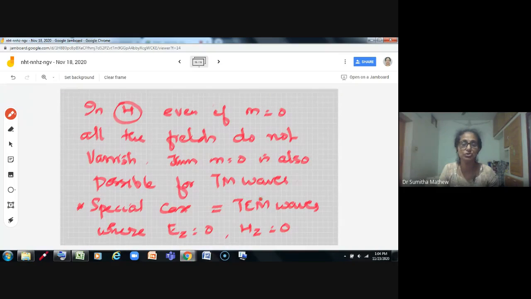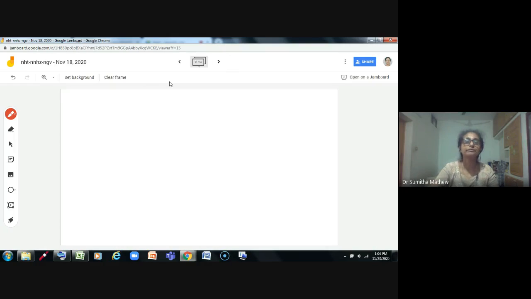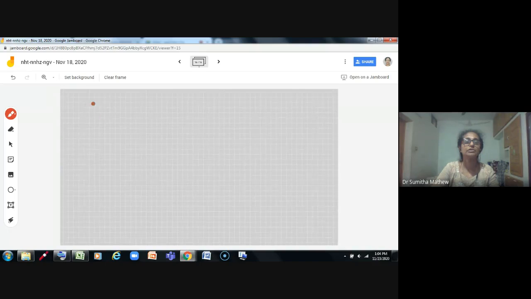When m equal to 0, you get the special case of waves known as transverse electromagnetic waves, where both electric and magnetic field components are 0 in the direction of propagation. For such transverse electromagnetic waves, we can write the set of equations also. So these are known as TEM waves.